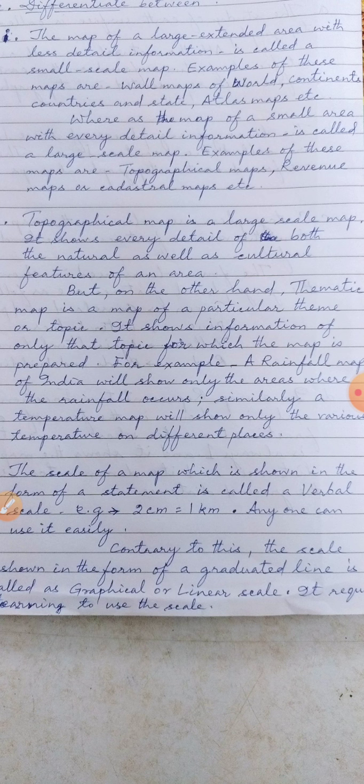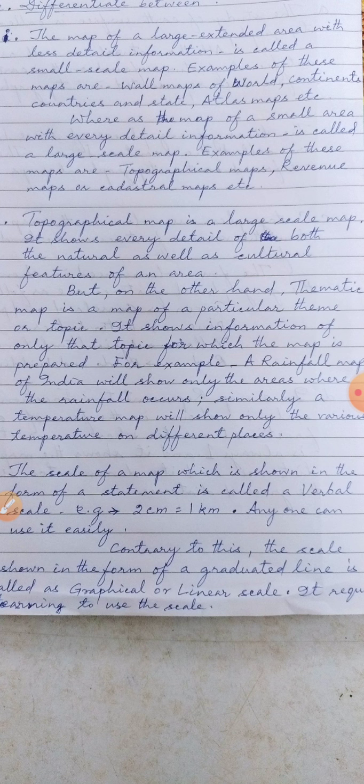For example, a rainfall map of India will show only the areas where the rainfall occurs. Similarly, a temperature map will show only the various temperatures on different places. So besides that given topic, it will not show any other thing. So like that way you can try to understand and try to write it briefly and comprehensively.